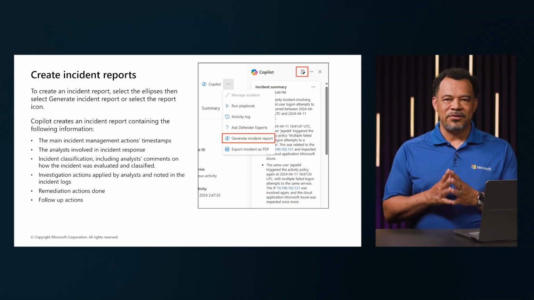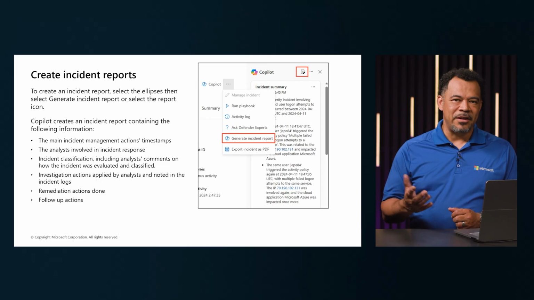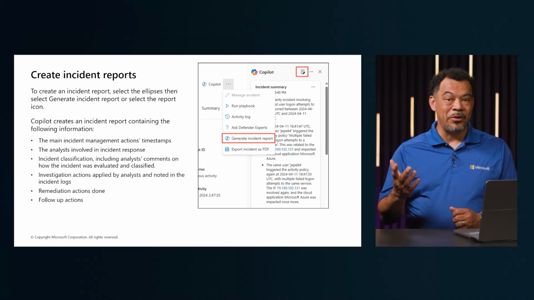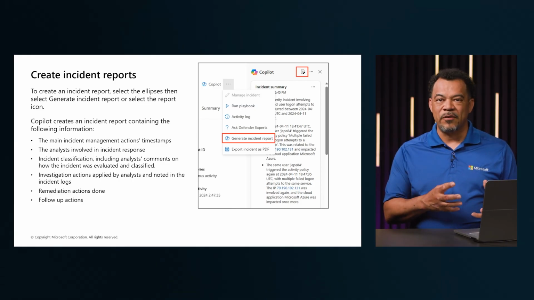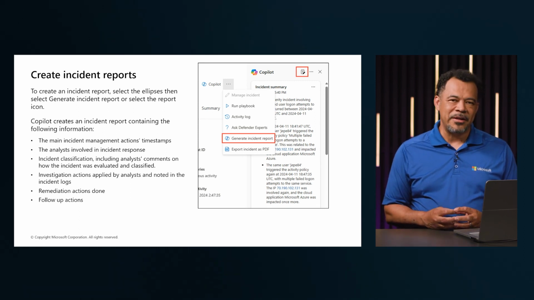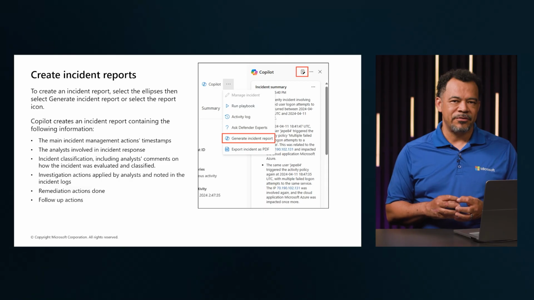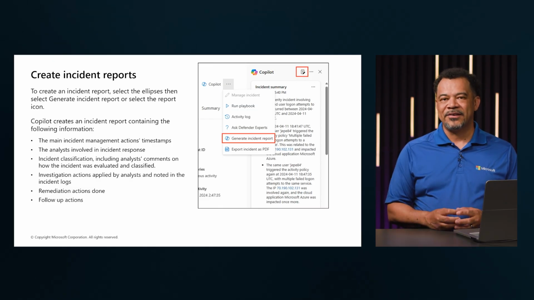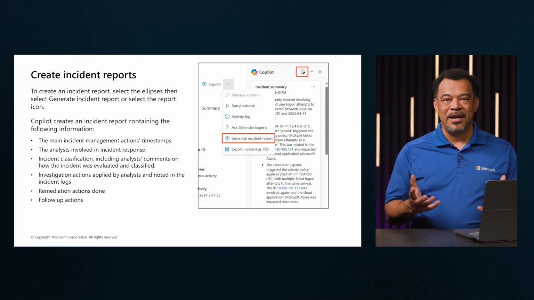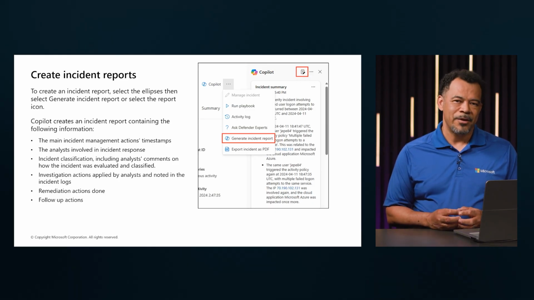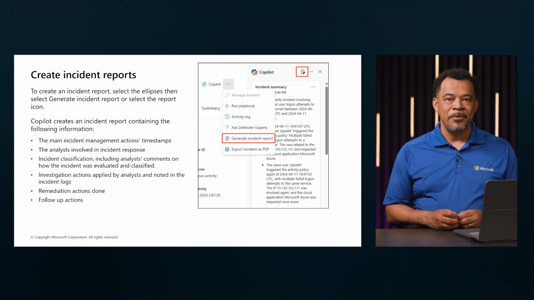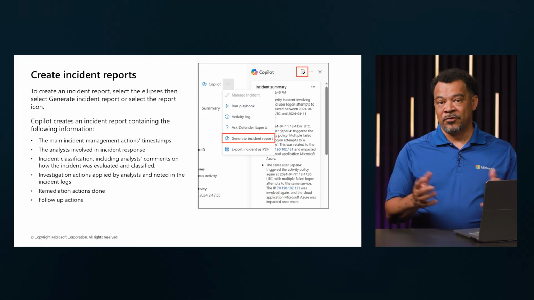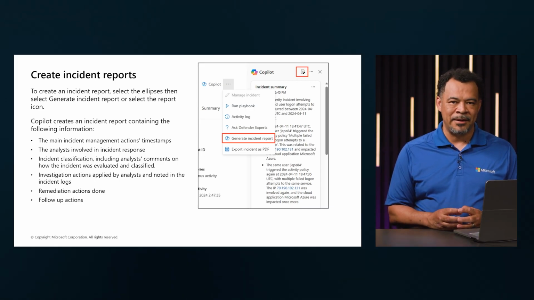Copilot creates an incident report containing the following information: the main incident management actions, timestamps, including things like the incident creation and closure, first and last logs, whether the log was analyst driven or automatically captured in the incident, the analyst involved in the incident response, incident classification, including analyst comments on how the incident was evaluated and classified, as well as investigating actions applied by analysts and noted in the incident logs, remediation actions done, including things like manual actions or automated actions applied by the system, including Microsoft Sentinel playbooks run and Microsoft Defender XDR actions applied.